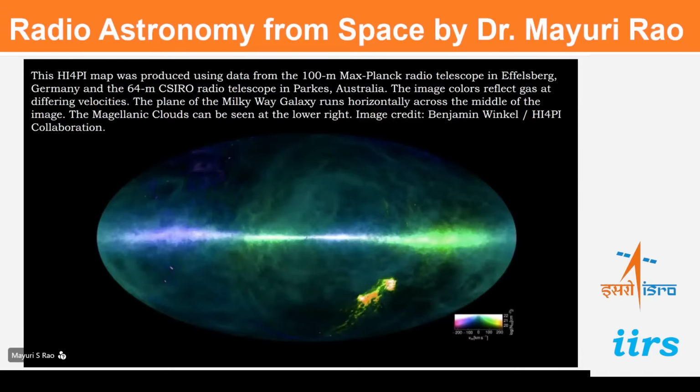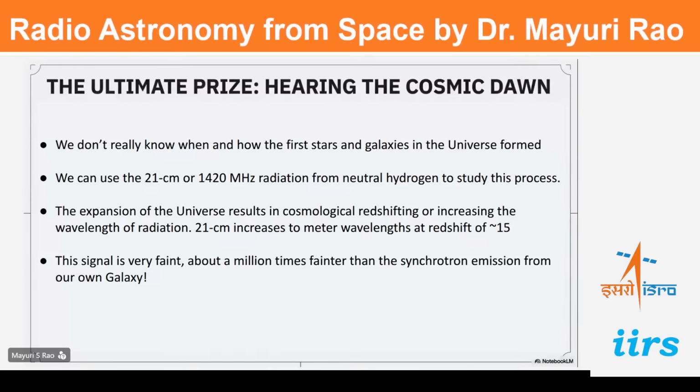So now we can do cooler things with this 21 centimeter line from hydrogen and study not just our galaxy or nearby galaxies, but you can try to understand the formation of the very first stars and galaxies in our entire universe. This is a big open problem in our understanding of the universe.